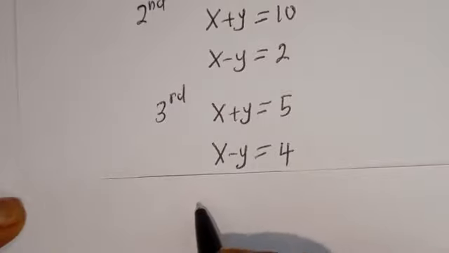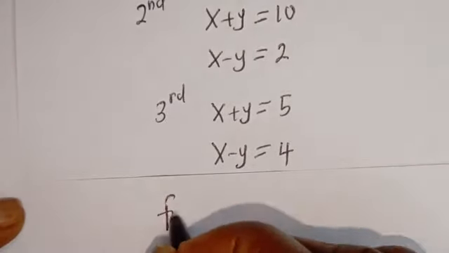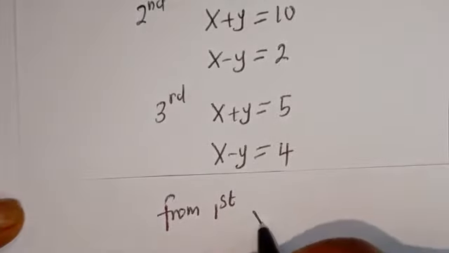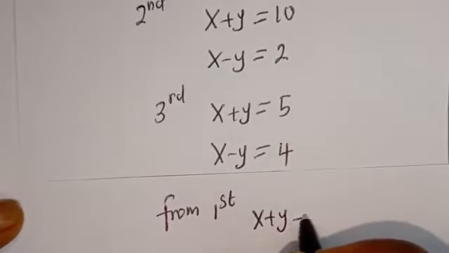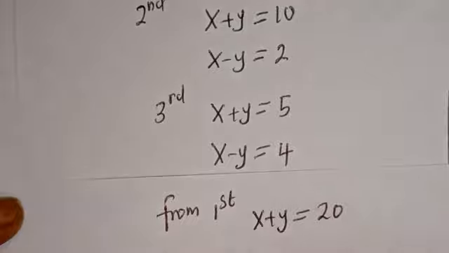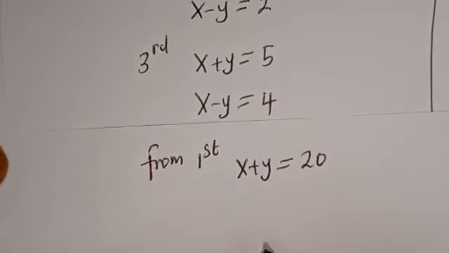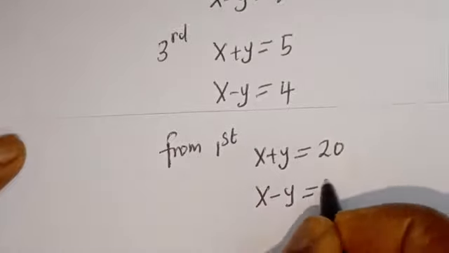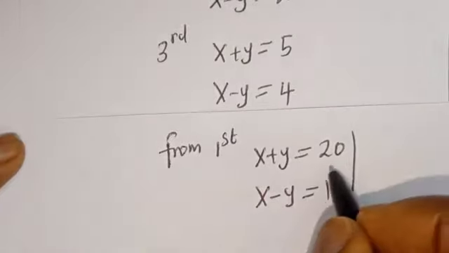Then let's solve from the first case. You have x plus y equal to 20, and x minus y equal to 1. This is a simultaneous equation.